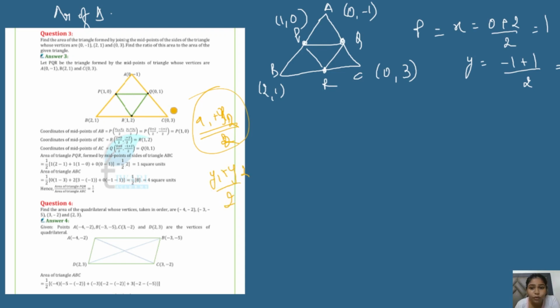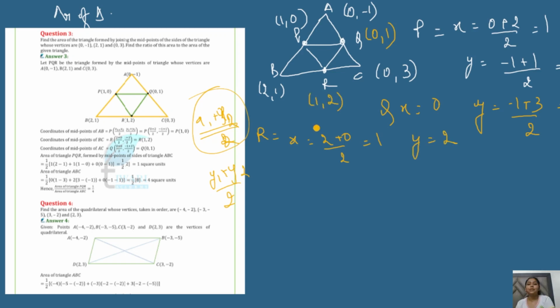Similarly for B and C, the coordinate for Q: x will be (0 + 0) divided by 2, which means 0, and y will be (-1 + 3) divided by 2, which equals 1. So this is (0, 1). And for R, x will be (2 + 0) divided by 2 equals 1, and y will be equal to 2, right? So this will be (1, 2).